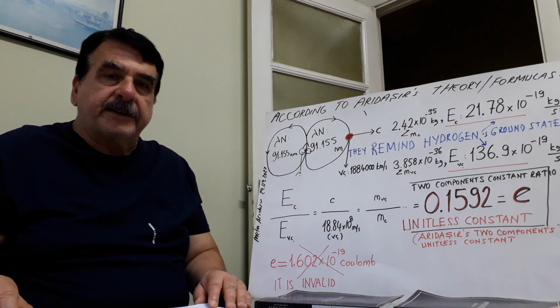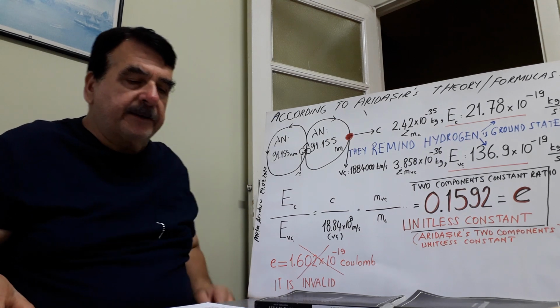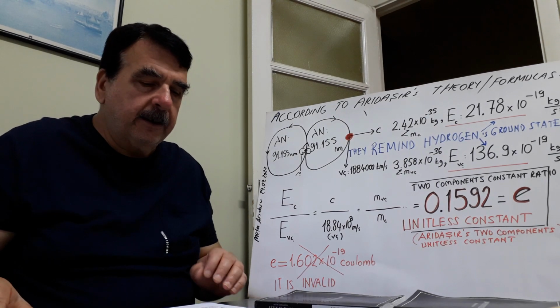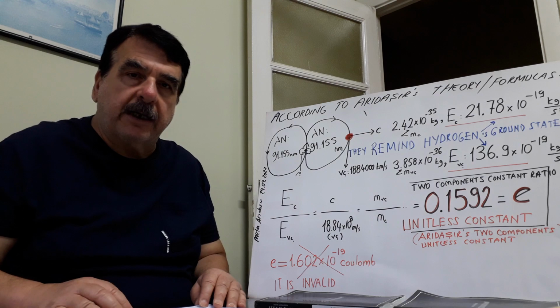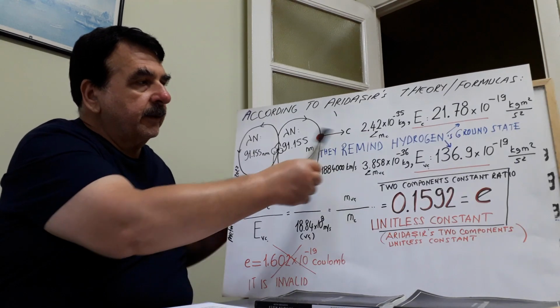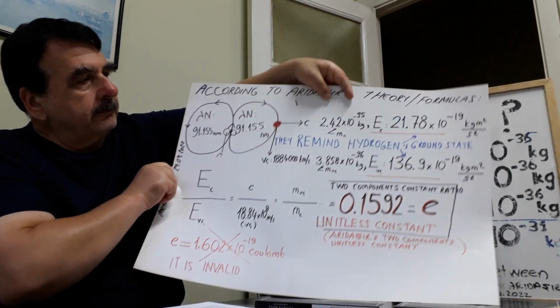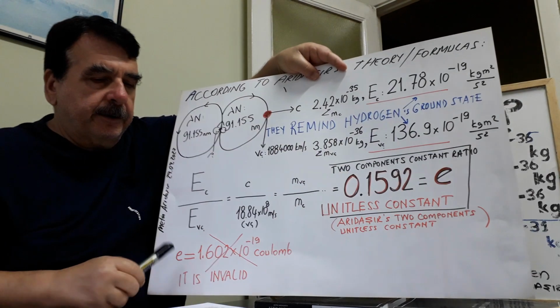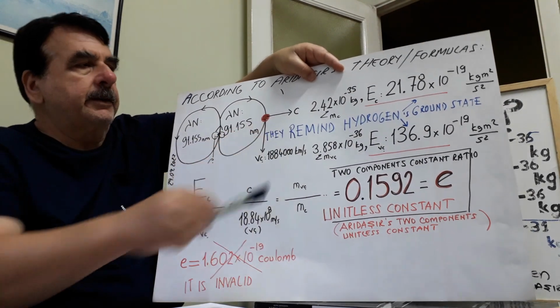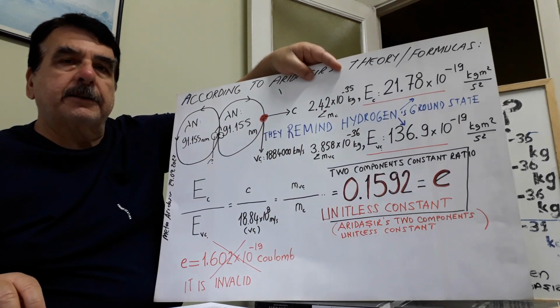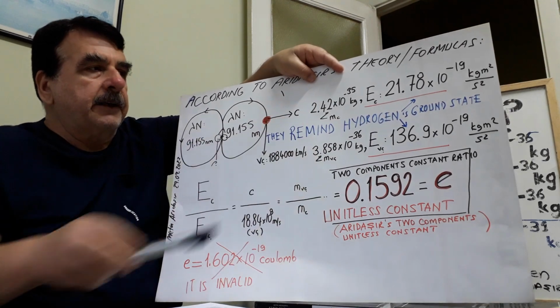Here are the masses of these two separate components. C component: 2.42 10 to the minus 35 kilogram.